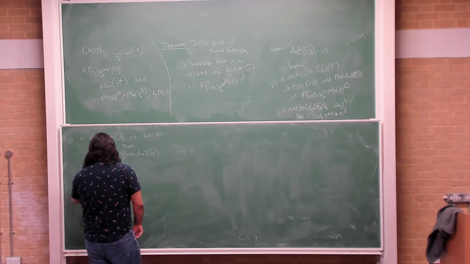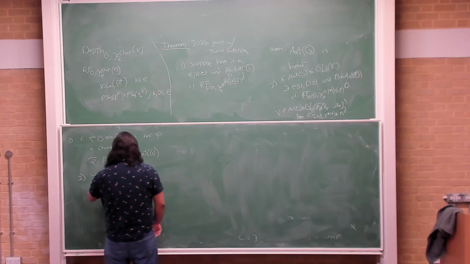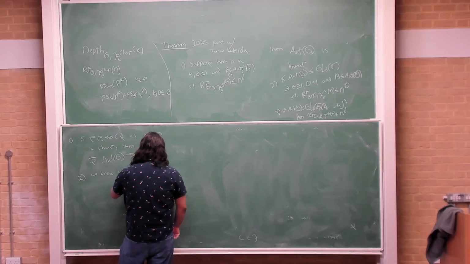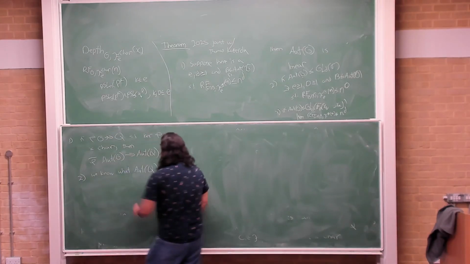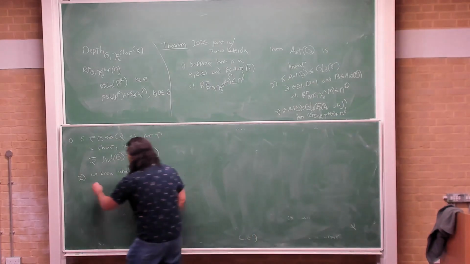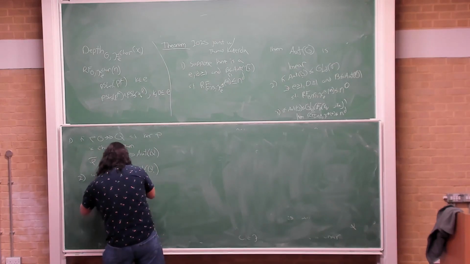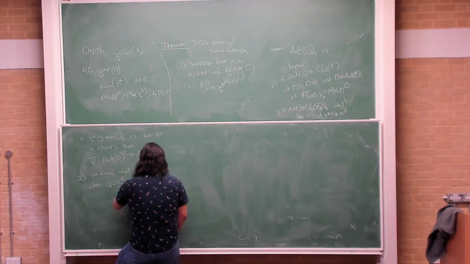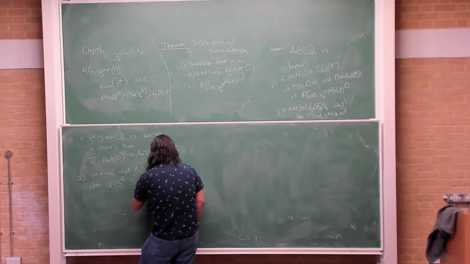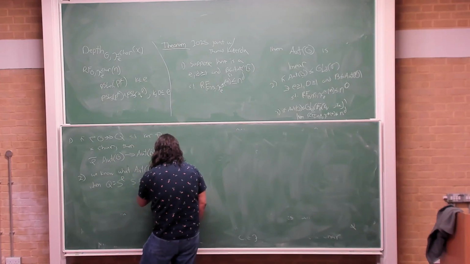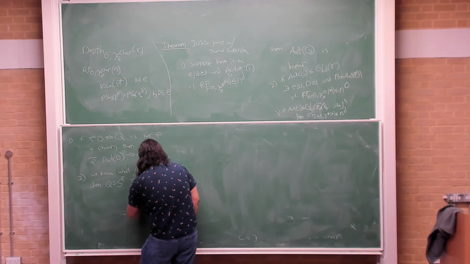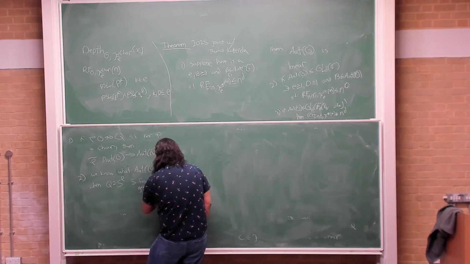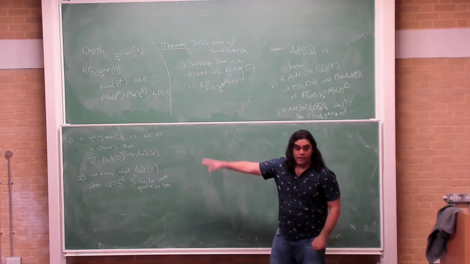We know what this is when S is a finite simple group of Lie type. We can write that down.